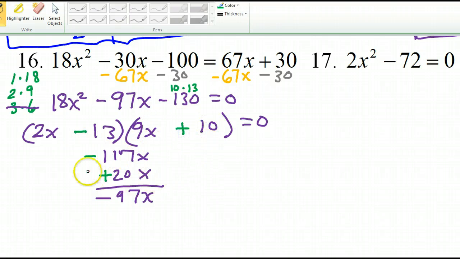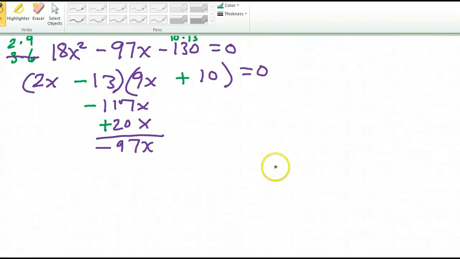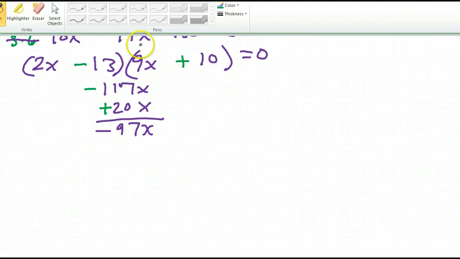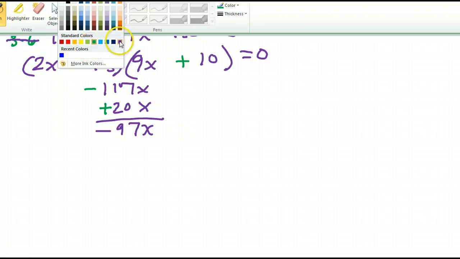Positive here would make my positive 20. And a negative times a positive is a negative, so the signs work out. That wasn't too bad. We didn't get it on the first try, but we got it on the second try. That's still not too bad using the old Burton method. So let's go ahead and finish the problem.